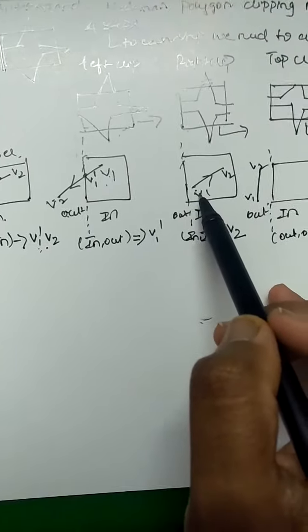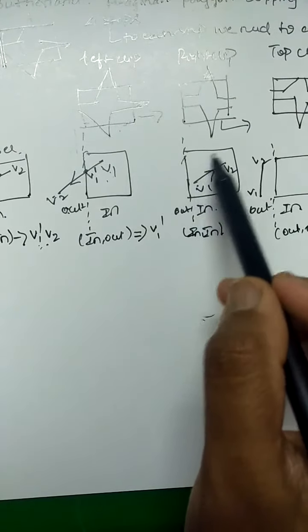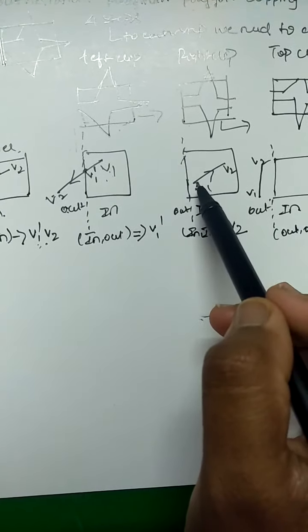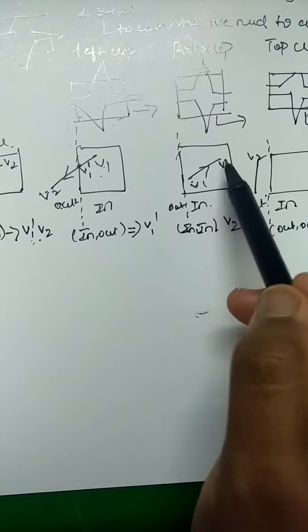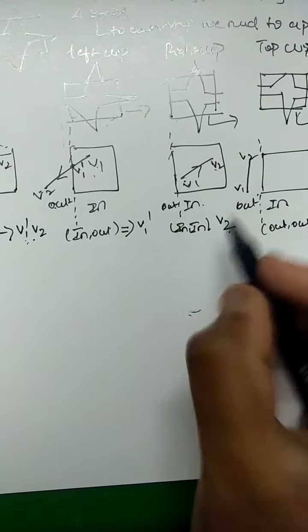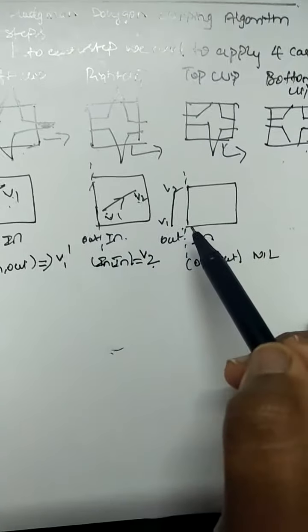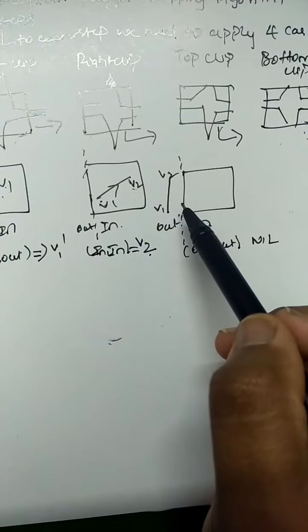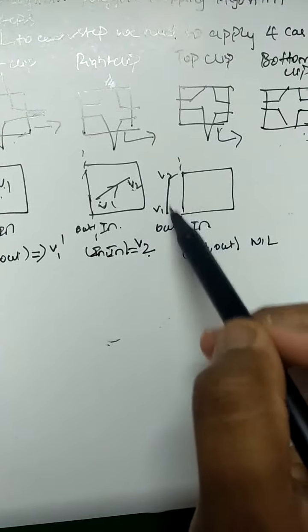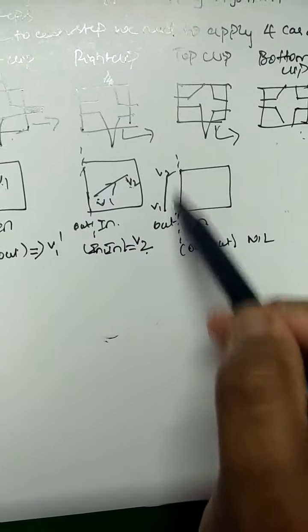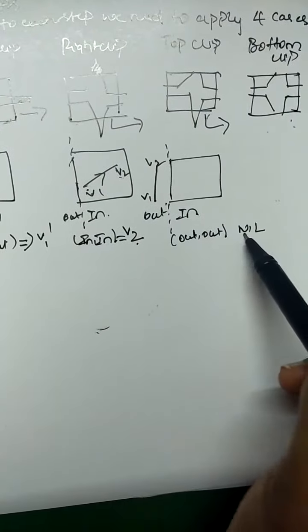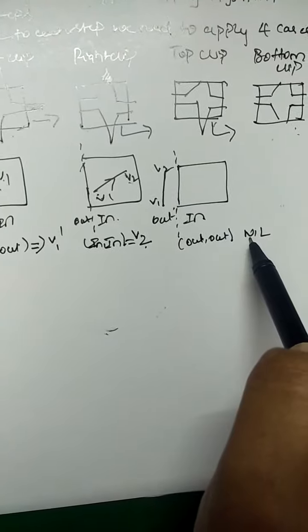If the edge is moving inside the window itself, in the direction V1 to V2, then I have to take the second vertex V2. The last case is if a polygon edge is falling completely outside the window, then we won't be saving any vertices.